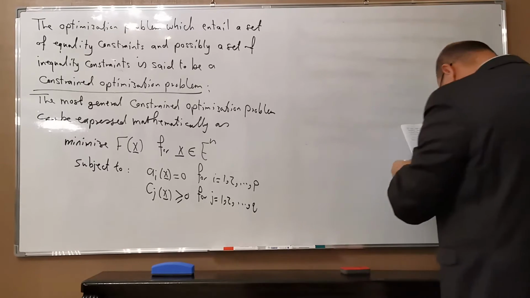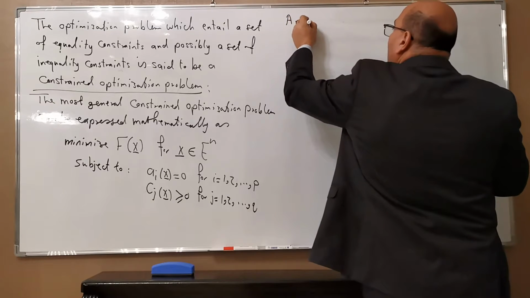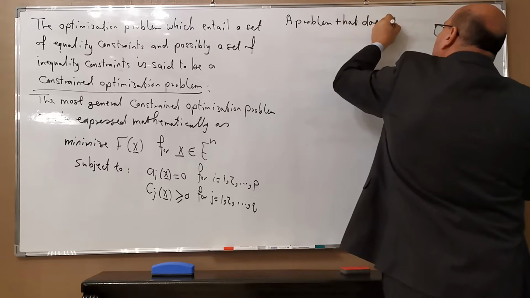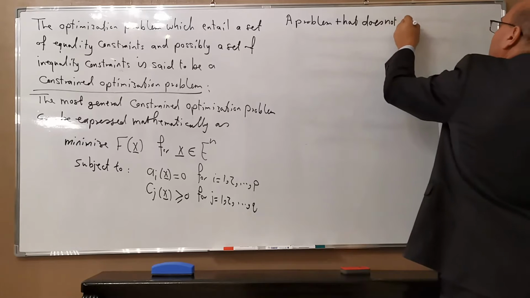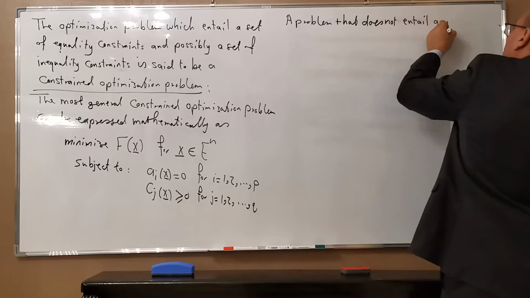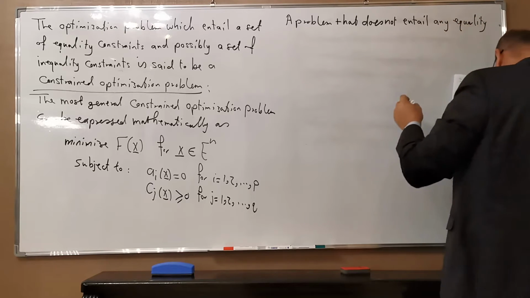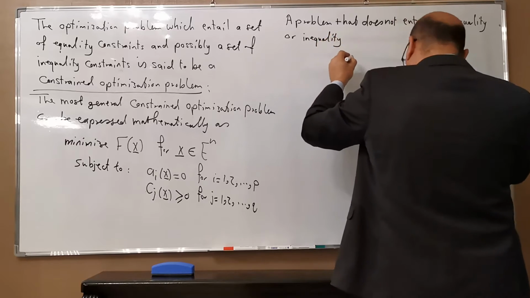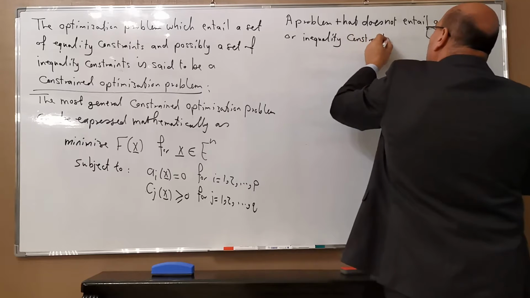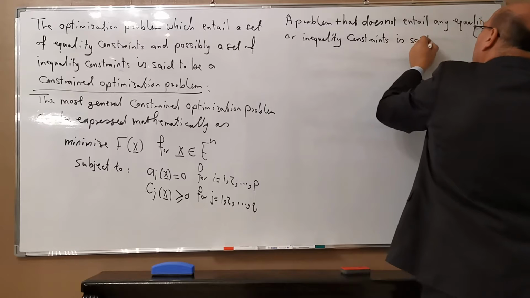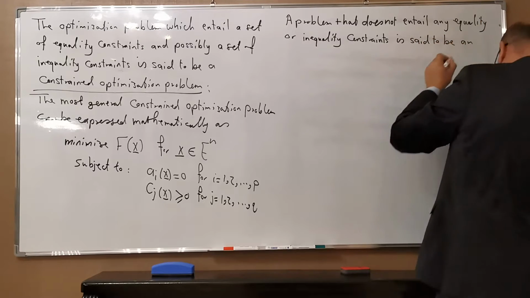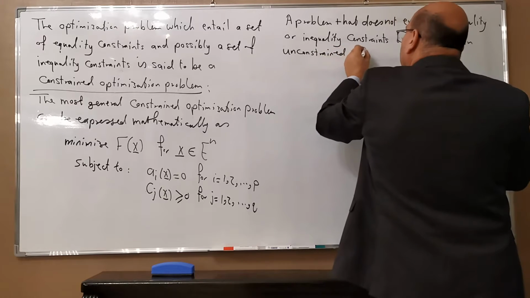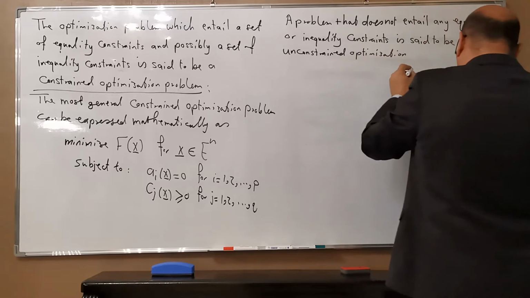Let's continue with constraints a little bit. A problem that does not entail any equality or inequality constraints is said to be an unconstrained optimization problem.